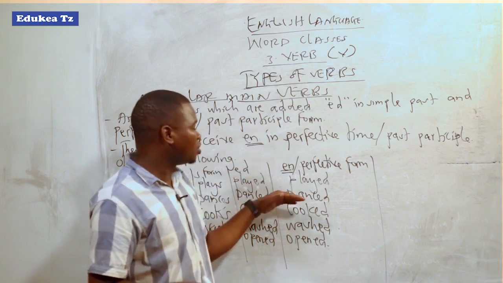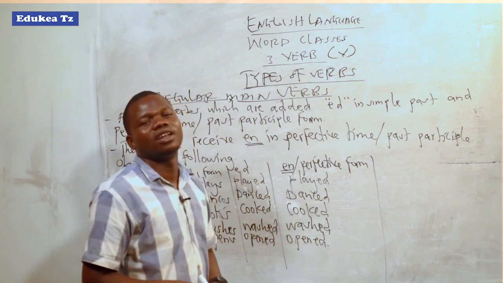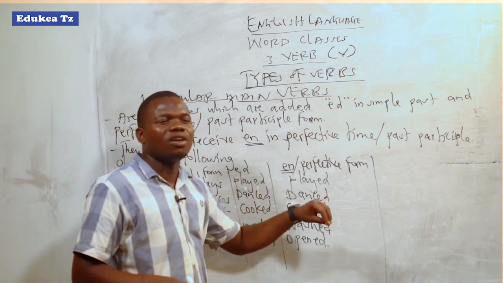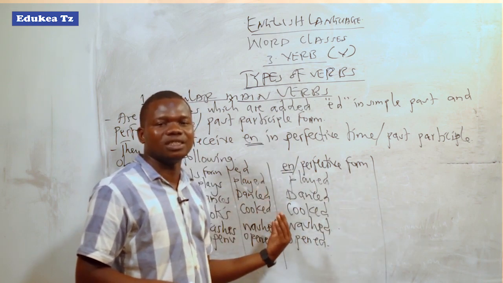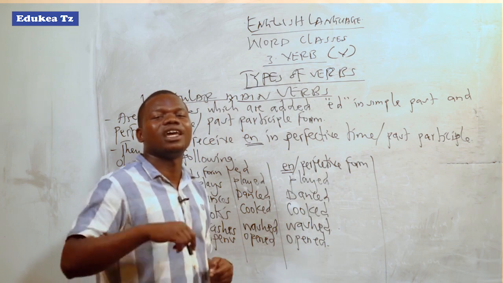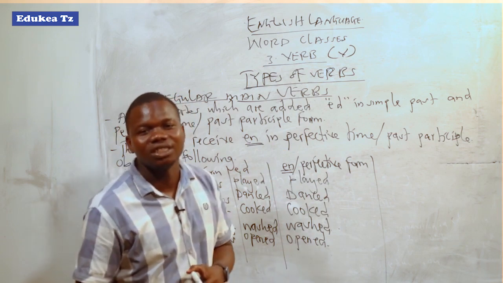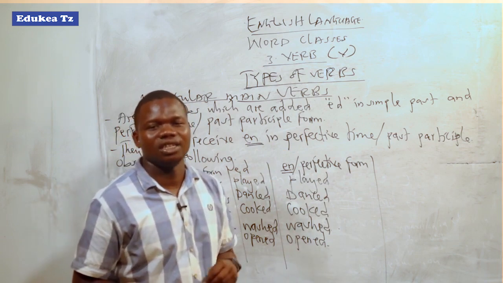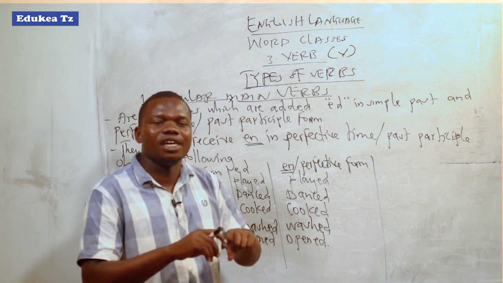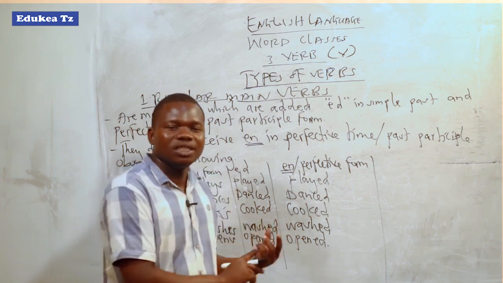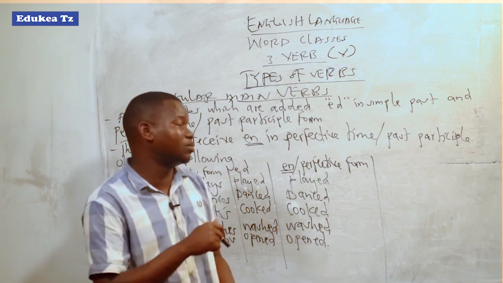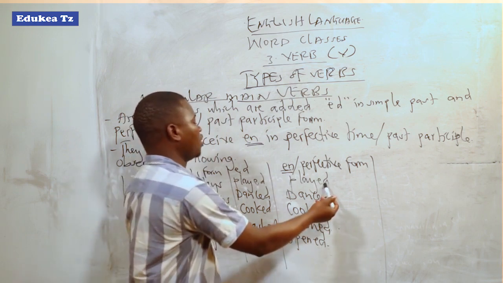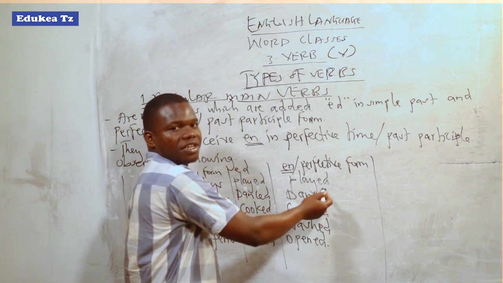But in these regular verbs, this en form remains as in simple past. That is to say, it remains ed and not en, since they receive ed in both simple past and perfective time or past participle form. That's why here we have remained with played.